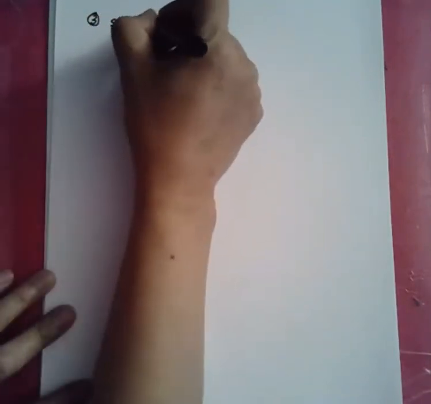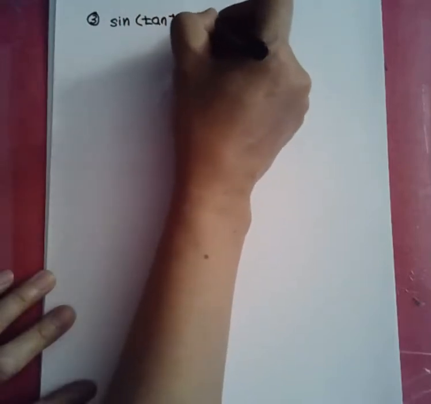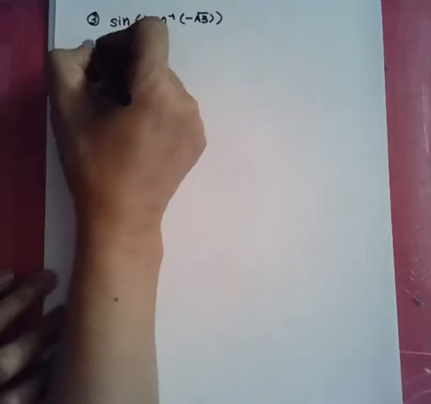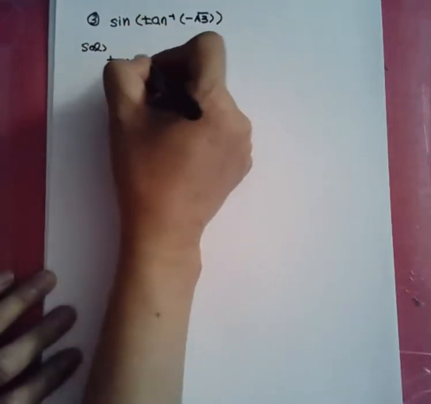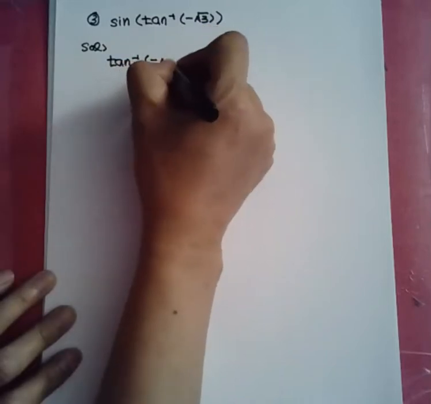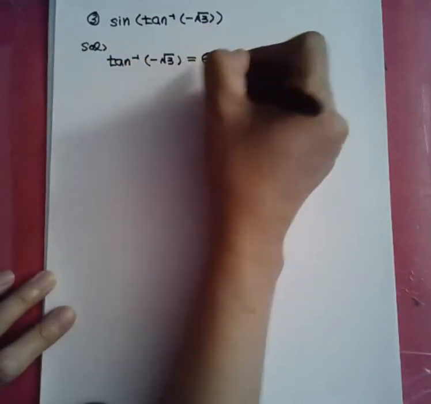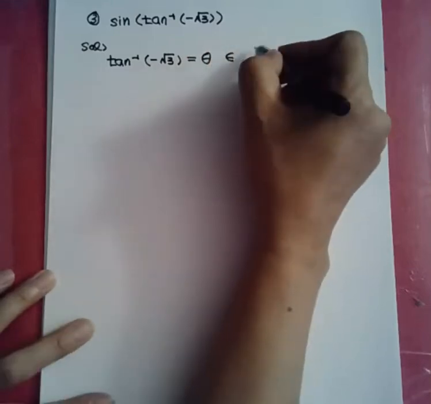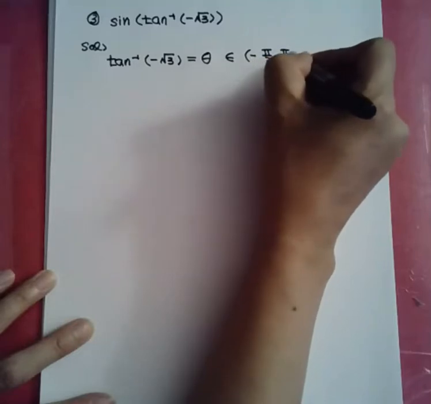Sine of tangent inverse of minus square root of 3. Tangent inverse of minus square root of 3 equals theta. We already know that theta must belong to minus pi over 2 to pi over 2.